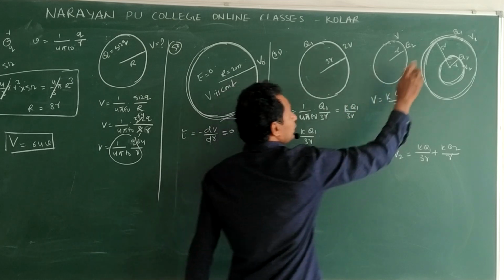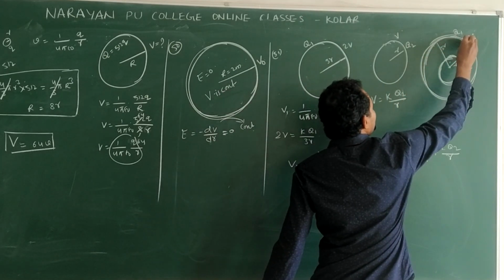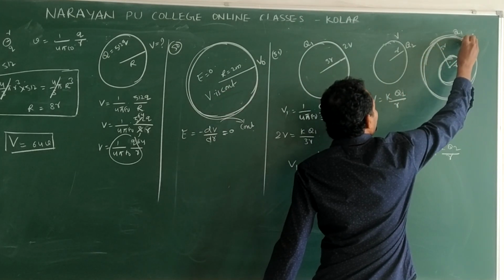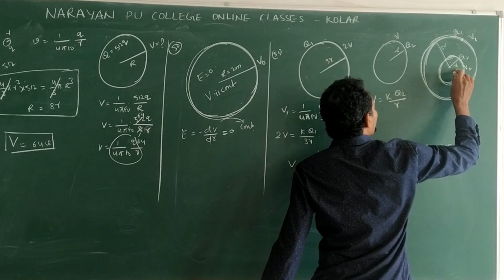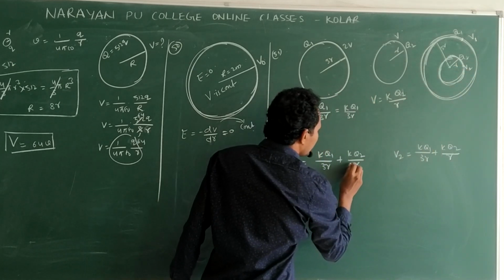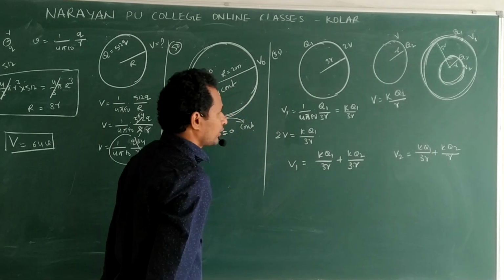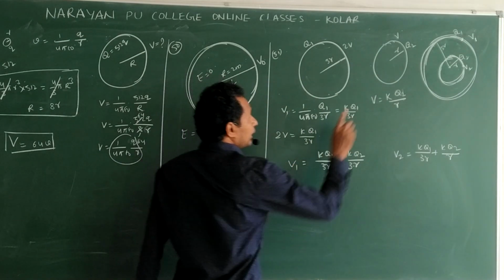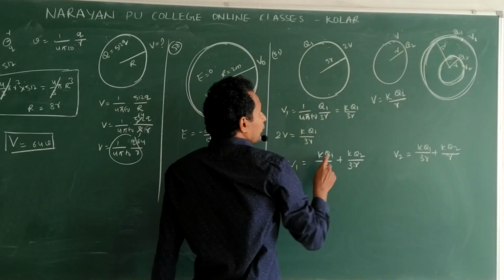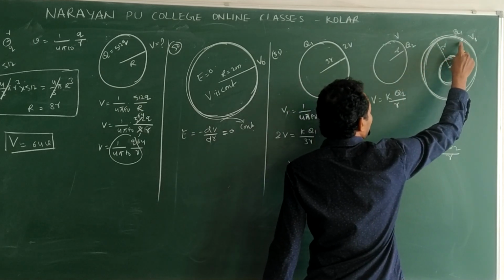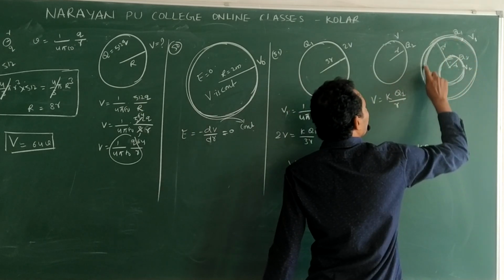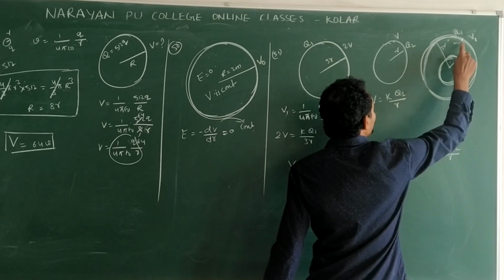This we have written wrong. This V1 is the potential on the bigger sphere. What is the distance from the small sphere? It is 3R. V1 is the potential on the bigger surface. On the bigger surface we have two potentials possible. One is the potential due to Q1, another is the potential due to Q2.